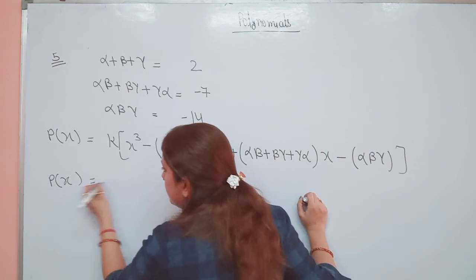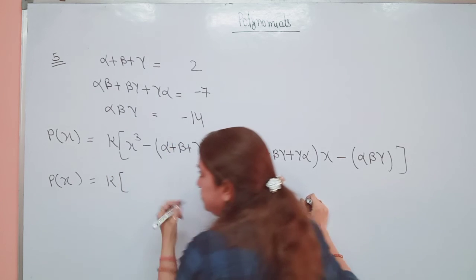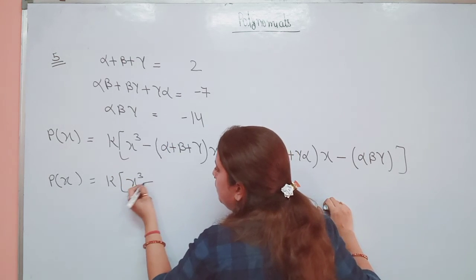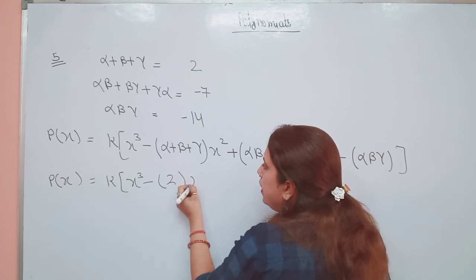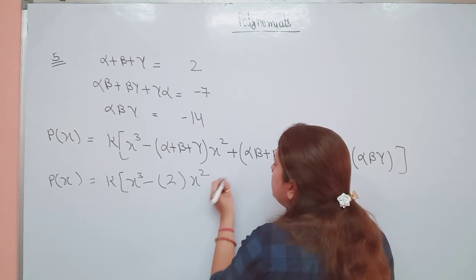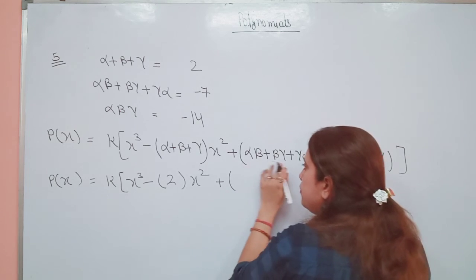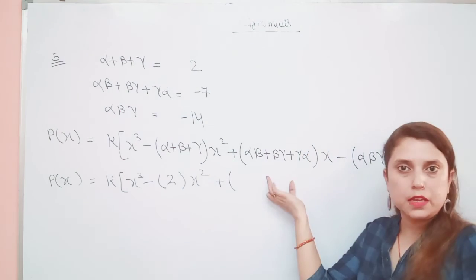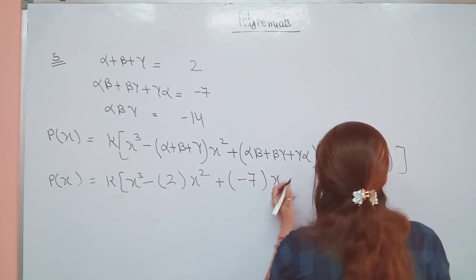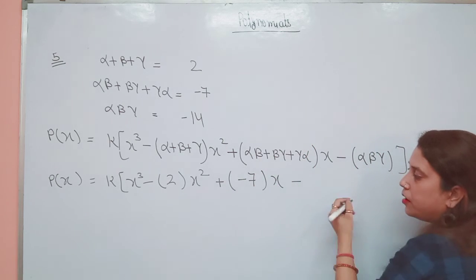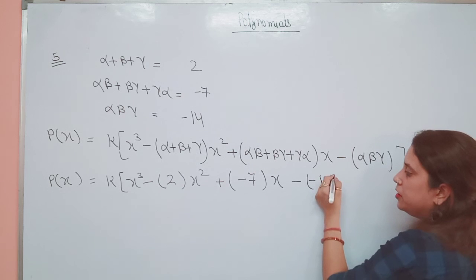Put the values: k x cube minus sum of zeros 2x square plus sum of product of zeros taken 2 times, which is given minus 7x, minus product of zeros, minus 14.